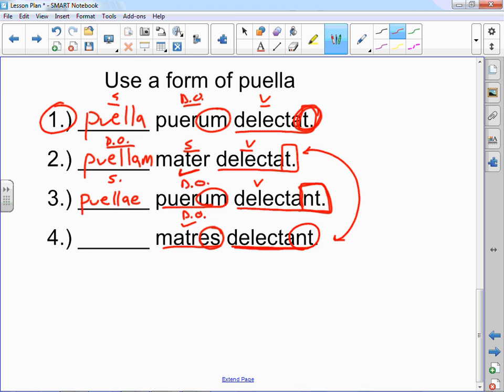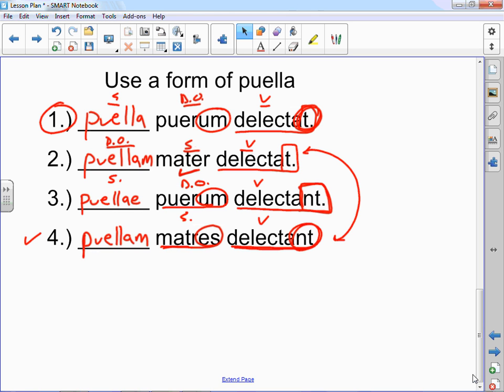I said nominative. I'll just assume it's nominative, which means I already have my subject. I've completed subject verb, so I need an accusative. Well, on that one right there, kind of a poor example because I used matres, which could be nominative or accusative. My apologies.